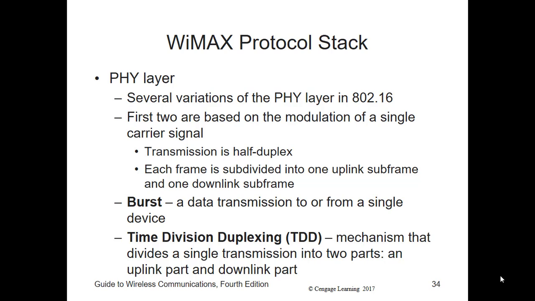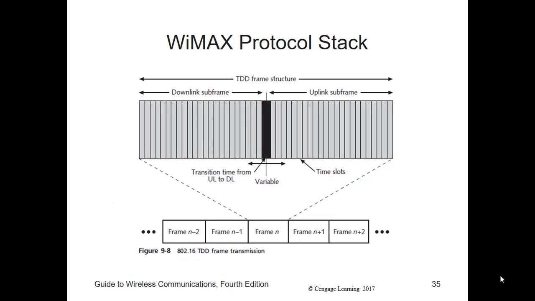The BS allocates time slots for specific SSs in both the downlink and the uplink frame. The amount of data contained in a burst depends on the number and the length of the time slots, as well as on the modulation and coding scheme that's used in the particular burst.